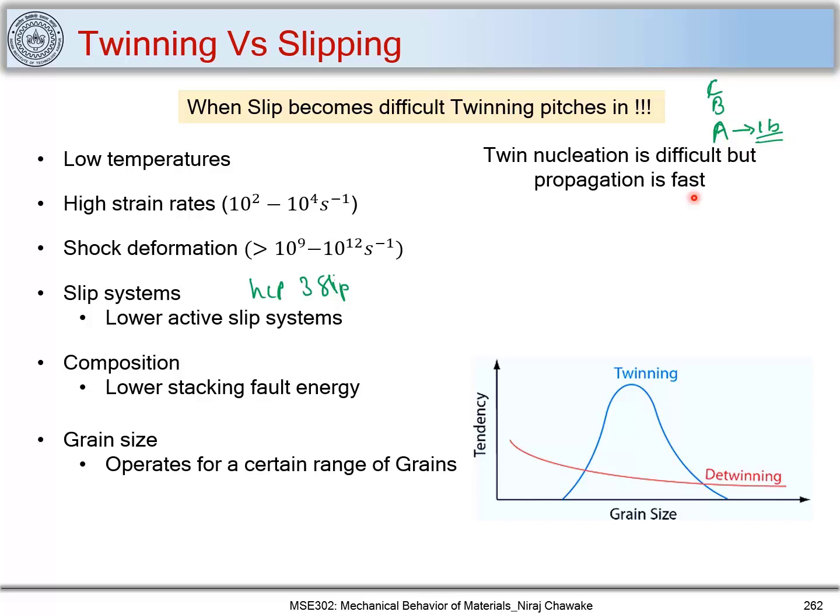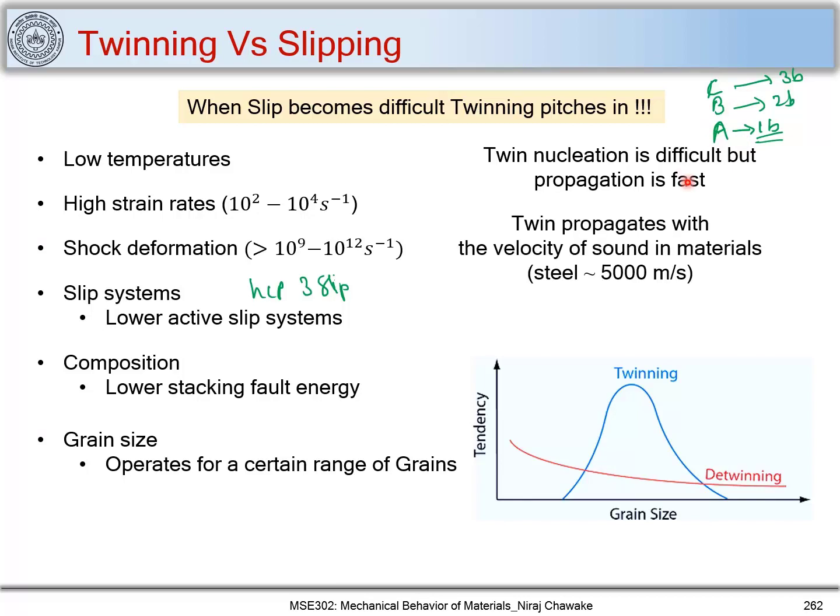But once this has been initiated, the movement of B by 2B and C by 3B occurs immediately. So only the nucleation, where a layer moves by one unit of B, that is a Shockley partial, to create a stacking fault, is the bottleneck here. But once it starts, the twin propagates faster.